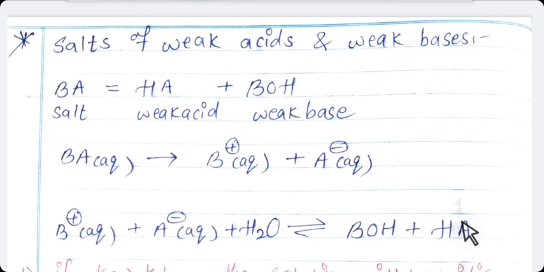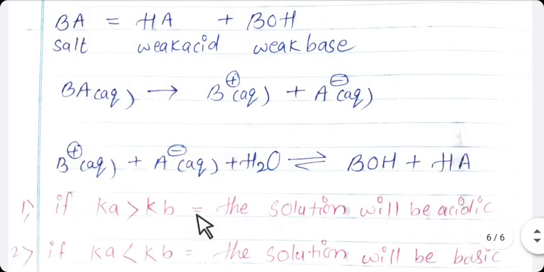There are some conditions when the solution becomes acidic, basic or neutral. As we studied in the previous lecture, the dissociation constant of a weak acid is Ka and of a weak base is Kb.